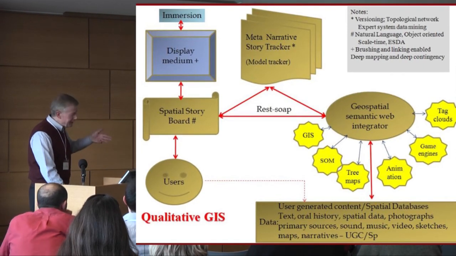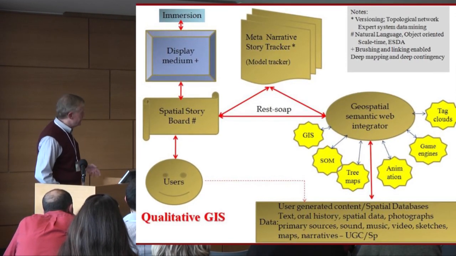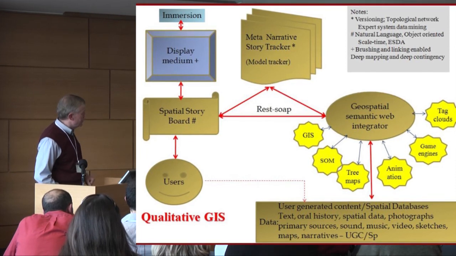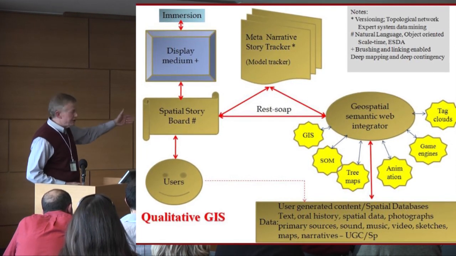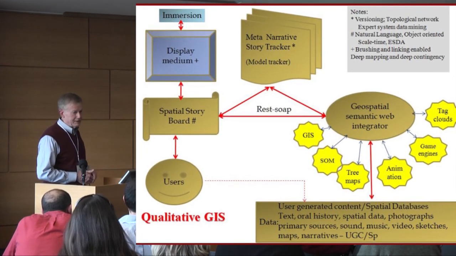And in our schematic, this is the way it looks. It's kind of, as you see here, a geospatial web integrator, and you'll notice that GIS is only one part of that integrator.